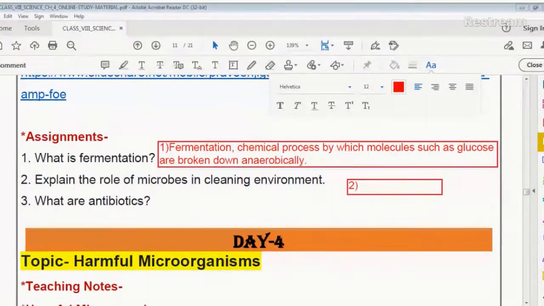They decompose dead and decaying matter from the plants and animals and convert them into simpler substances which are later used up by other plants and animals. So thus they are used to break down harmful substances, meaning that they are helping in cleaning the environment.